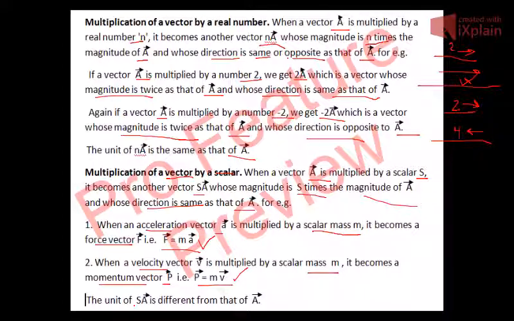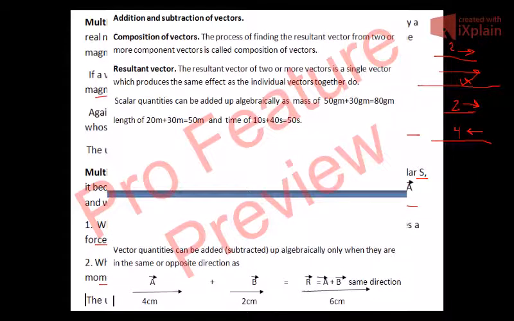Now what about the unit? The unit of SA is different from that of A. In the first case, when we multiplied a vector A by a real number, their units were the same. But here, when we multiply a vector by a scalar, the units are different. So SA is different from A, which means they are of different natures.